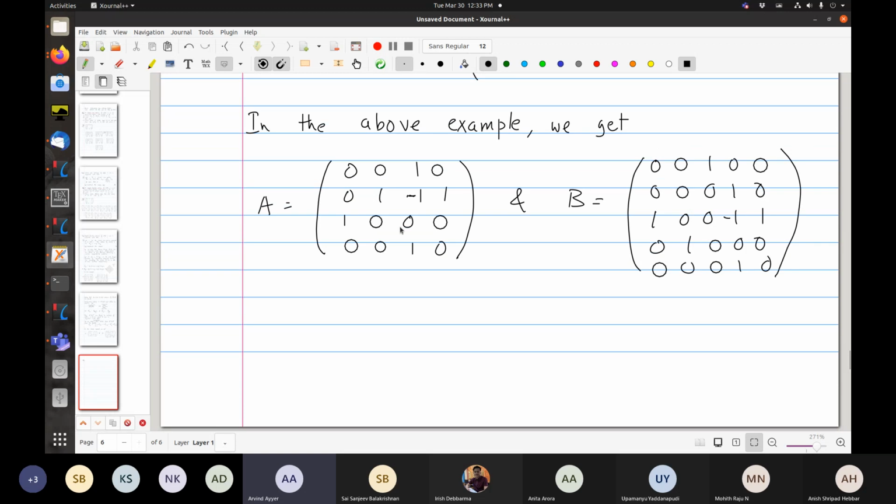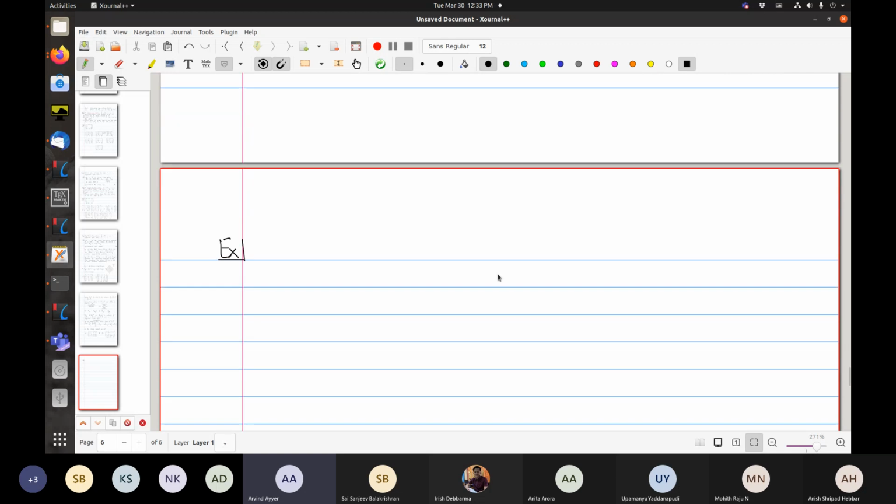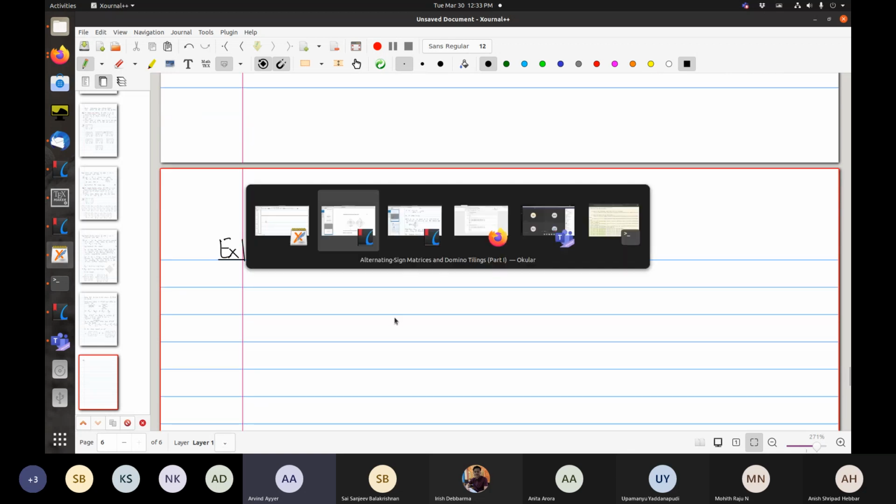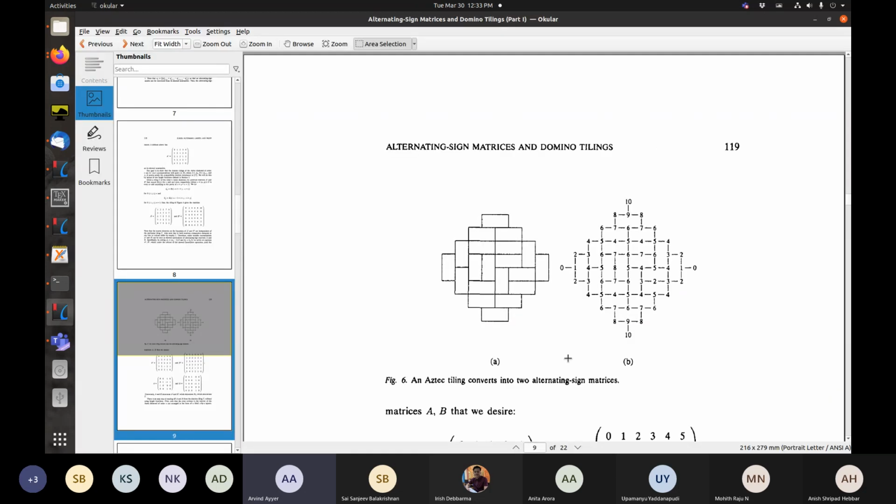We can construct A and B directly from the tiling without getting into this height function business at all. That's what I want to show you. So again, let's go back to this example.